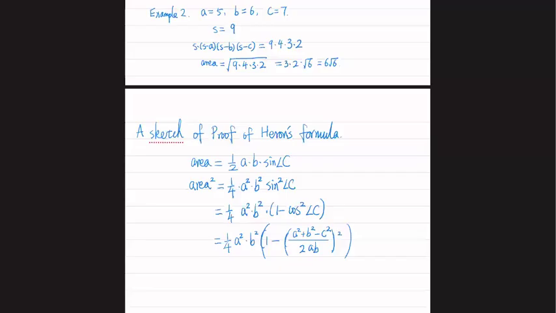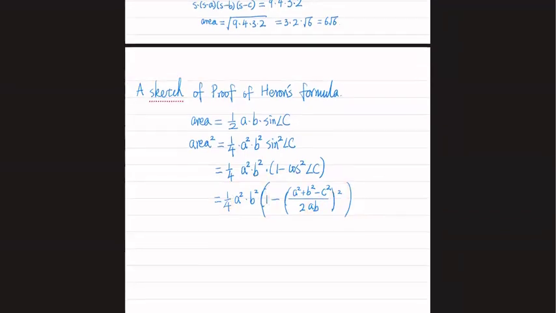Okay, now the rest is the hard part. We have to factorize this. I said it's hard, but it's not that hard because there are a lot of differences of squares and cancellations. The a squared b squared on the denominator cancel each other. There are a lot of cancellations after simplification.